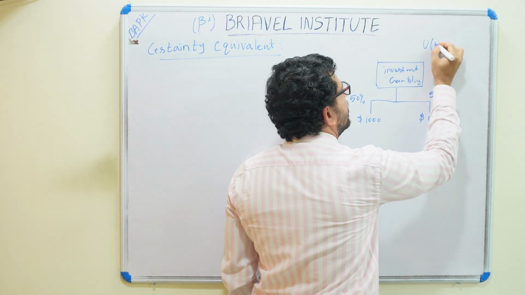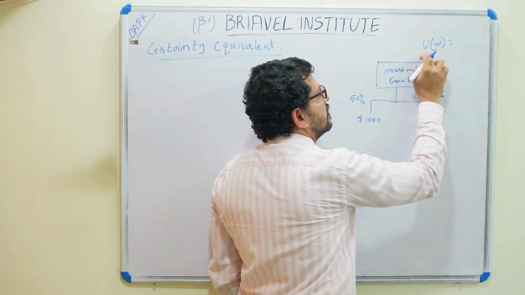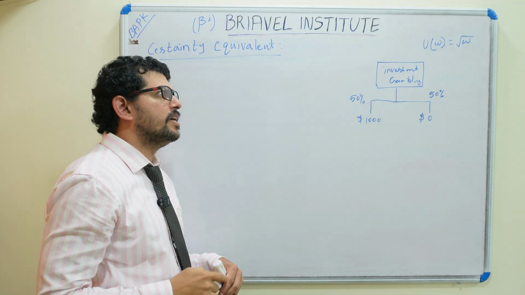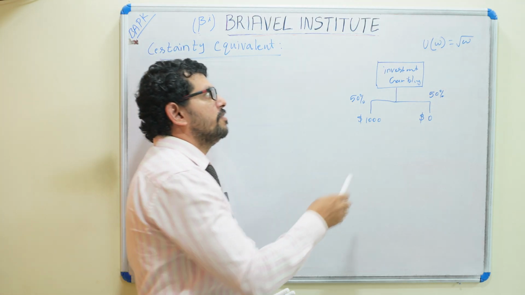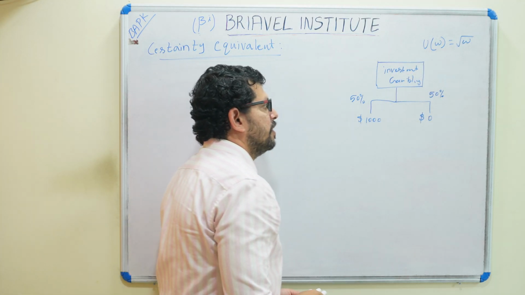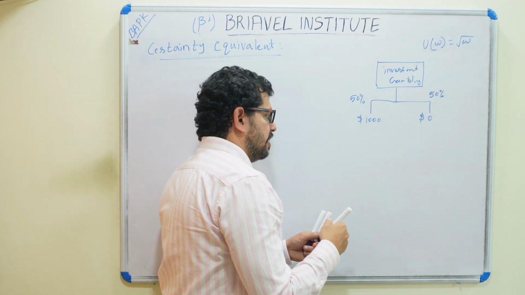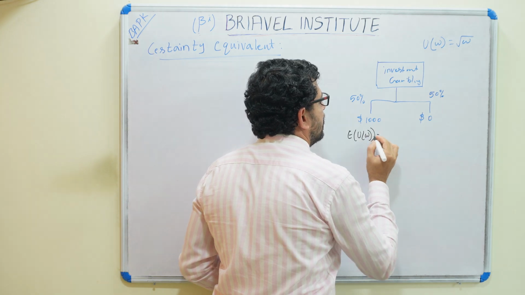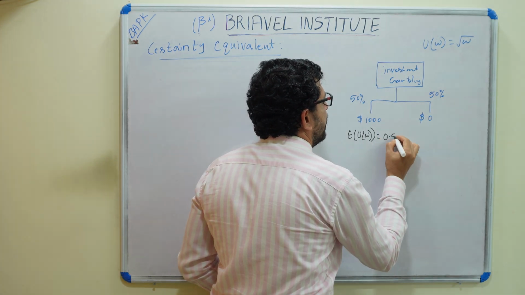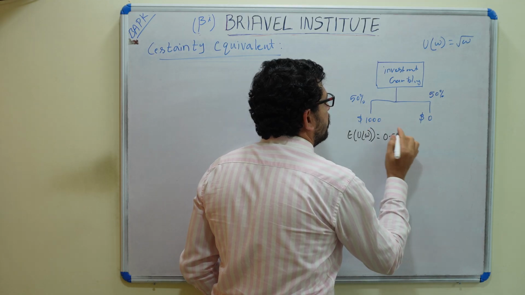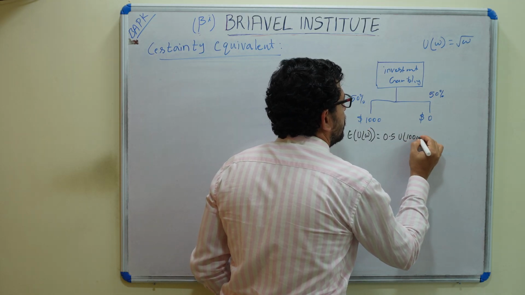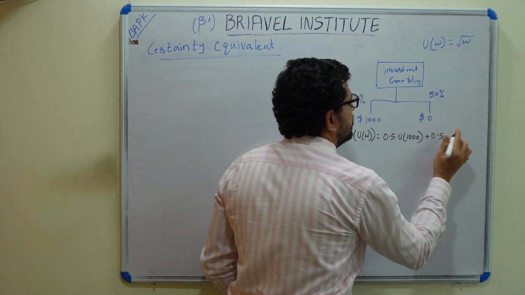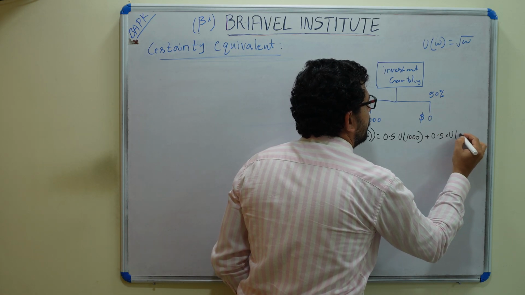So expected utility, in terms of the utility function, we are representing as root W. We studied the utility function in the previous classes. Now what will be my expected utility? Expected utility we can write like this: 0.5 times the utility of 1,000, plus 0.5, 50% chance, multiplied with the utility of 0.